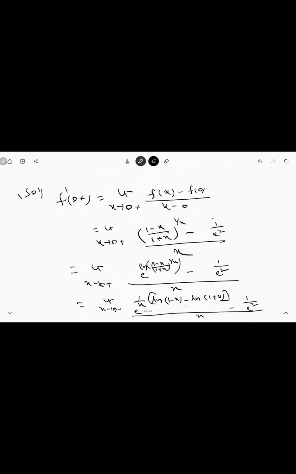Now I can use the expansions of ln of 1 minus x and ln of 1 plus x and subtract them. So ln of 1 plus x is x minus x square by 2 plus x cube by 3 minus x power 4 by 4 plus so on up to infinity, for modulus of x less than 1 or 1 plus x positive.